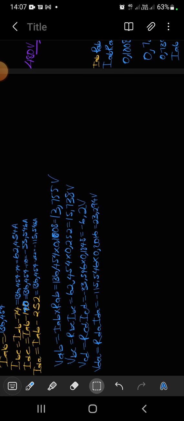So now let's find our load voltage, like VB. Applying Kirchhoff voltage law, it's gonna be VA minus VAB, right?